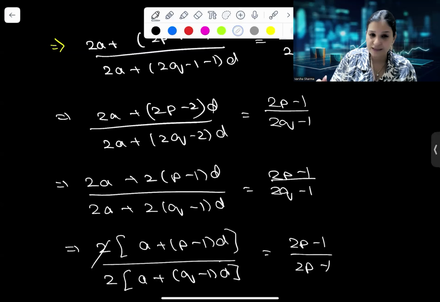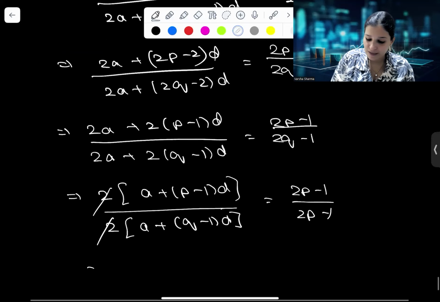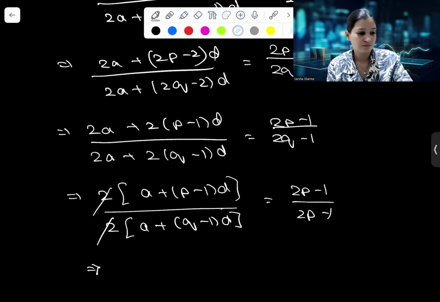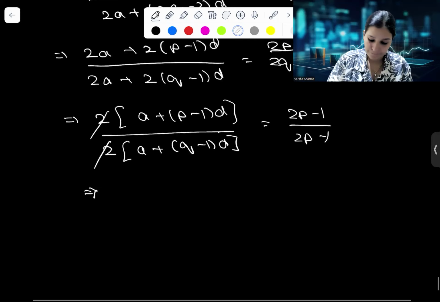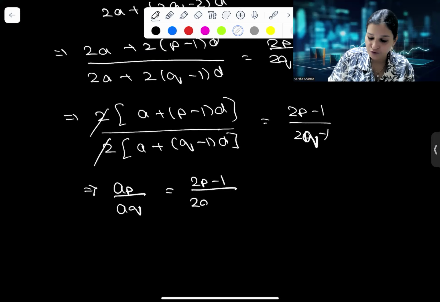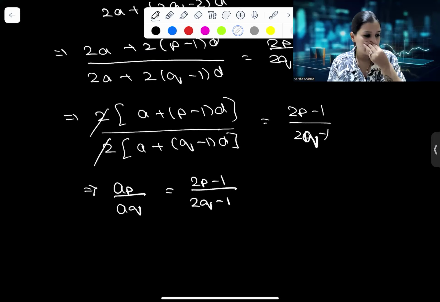So 2 and 2 get cancelled. A plus p minus 1 d is what? The pth term, and this is the qth term. That is 2p minus 1 upon 2q minus 1. This is what we wanted.